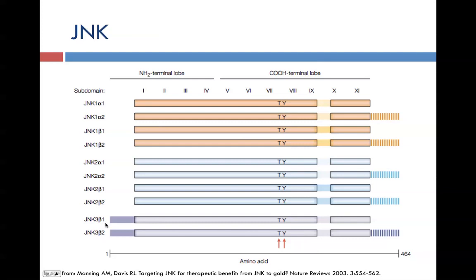So differential splicing of JNK1, 2, and 3 will result in the different isoforms. The two splicing sites are between domains 9 and 10 and in the C terminus. So as you can see here, we're going to get differential splicing in between here, as well as at the C terminus here. You can see how they have different lengths here. So that's just differential splicing.